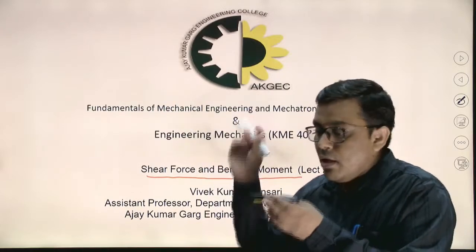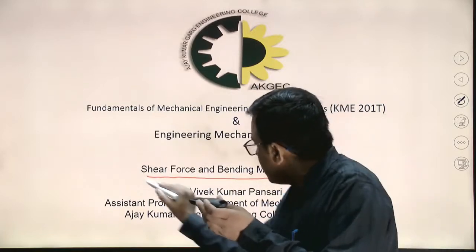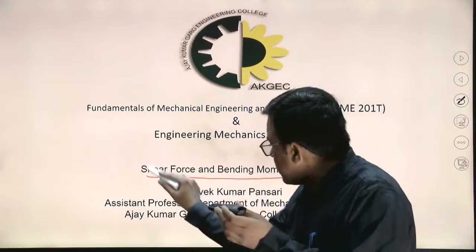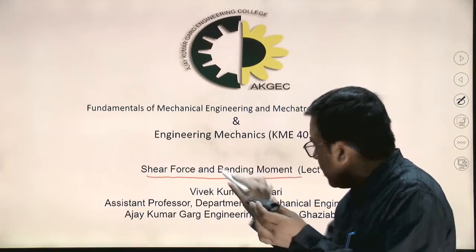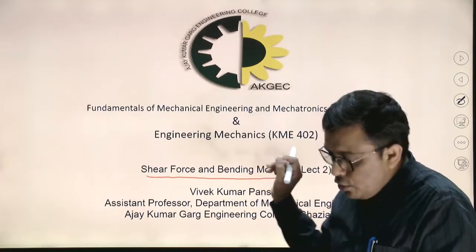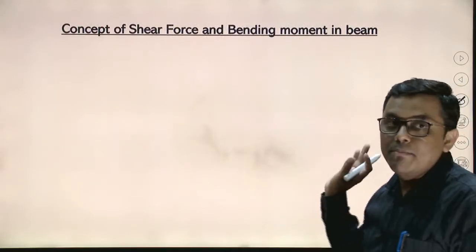So the beam material must offer internal resistance against the shearing action or bending action due to external load. This is the first thing, the concept of shear force and bending moment in a beam.